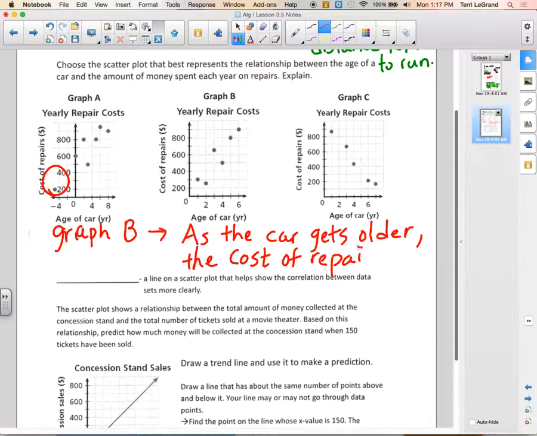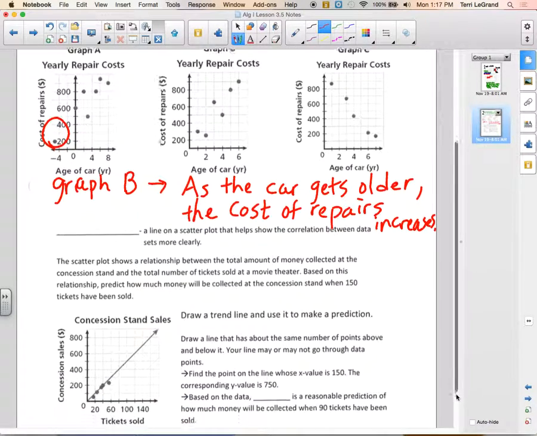So as one is increasing, so is the other. And that's what that one is showing. As the car gets older, the cost of repairs increases. So we don't just pick one, we give a support for it. We don't just say what kind of correlation, we say why, what's going on here. Okay, same thing in your homework.